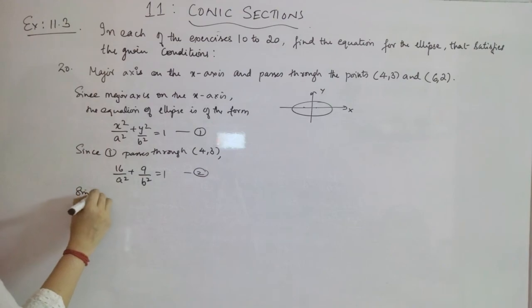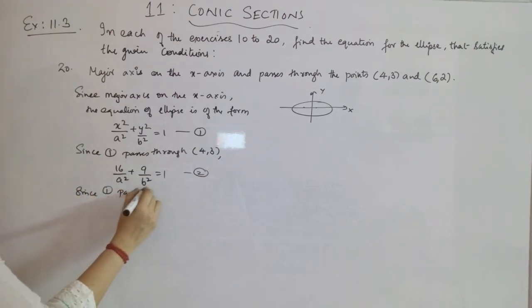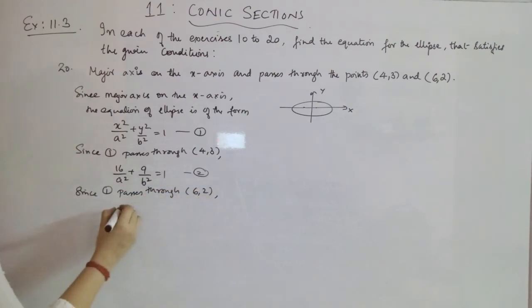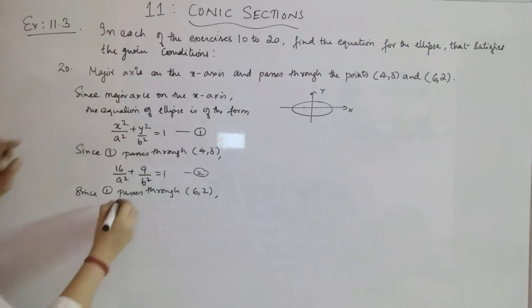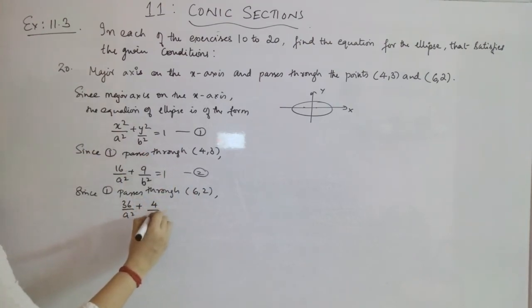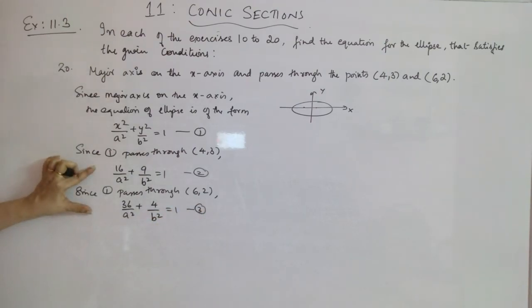And again it passes through (6, 2). Therefore you will have 6 square, that is 36 by a square plus 4 by b square equal to 1. Now solving these two equations 2 and 3, you will get a square and b square.